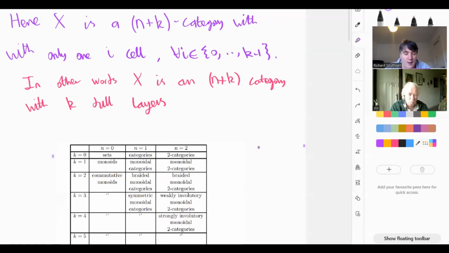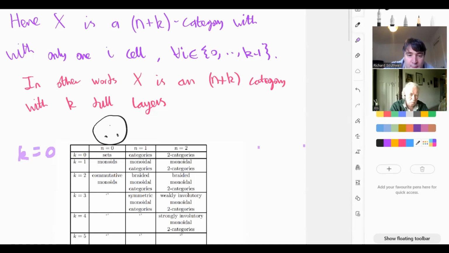So the idea here is, let's start by looking at this first row. Here we have k equals 0. Now, I haven't told you what k means yet. We'll get to that later. But when n is 0, what we have is a set. So let's draw a picture of a set. It's like a bag of points.